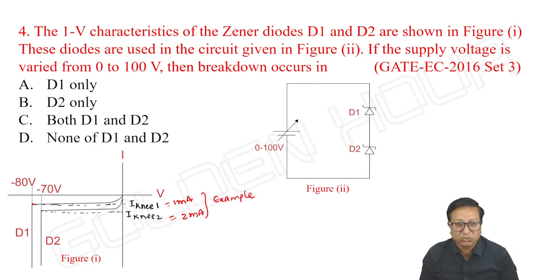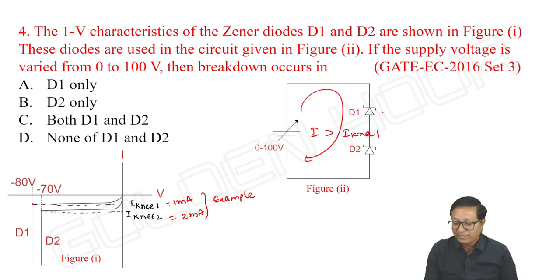Then which diode undergoes breakdown? Definitely the diode with the low knee current undergoes breakdown. The current through this one flows in this direction. If it exceeds the knee current of 1, then D1 undergoes breakdown.